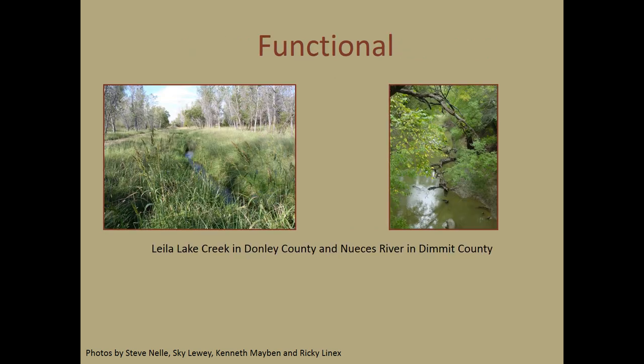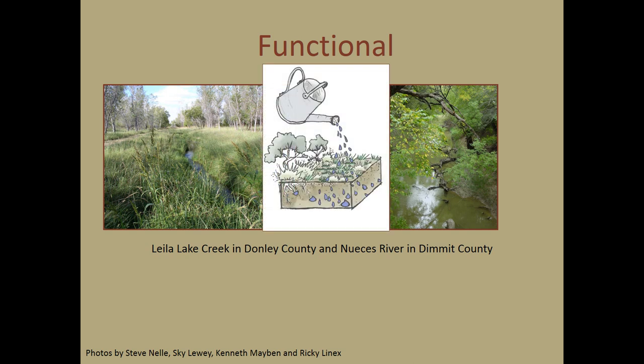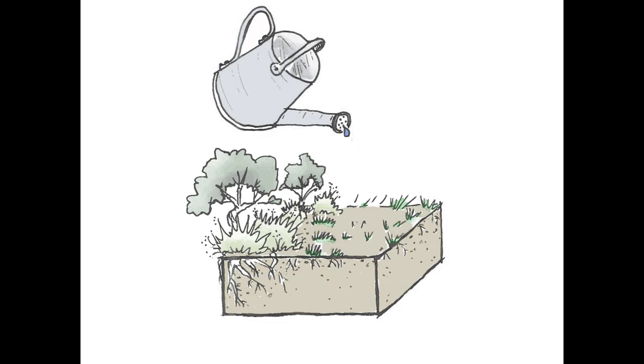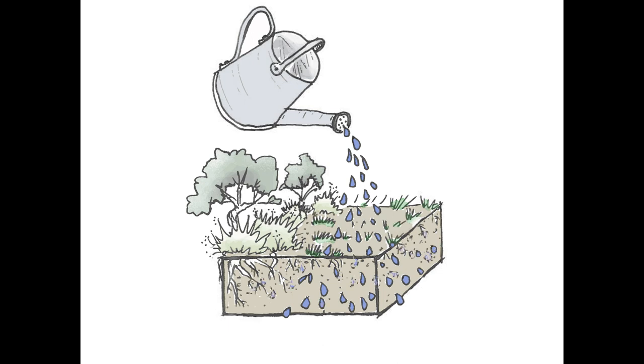A common characteristic of function involves the storage of water. We often refer to riparian areas that store water as a riparian sponge. A riparian sponge holds water and it releases it very slowly.